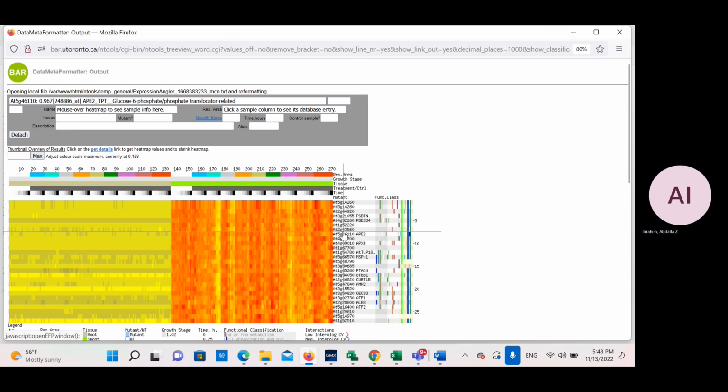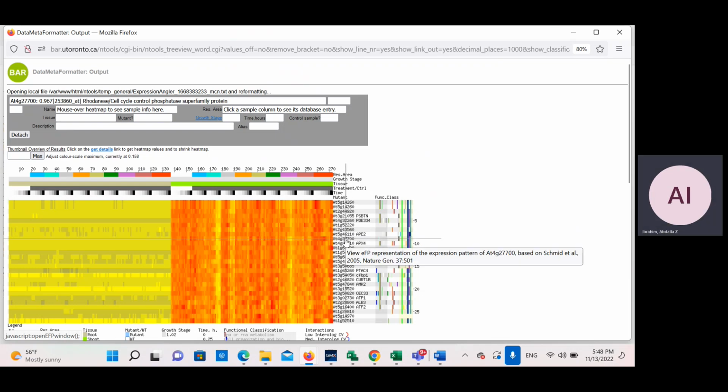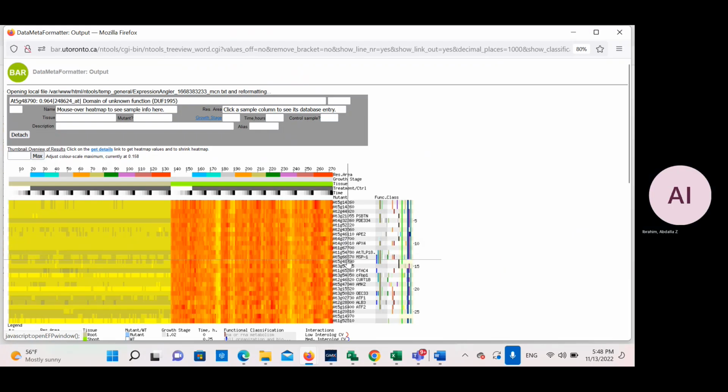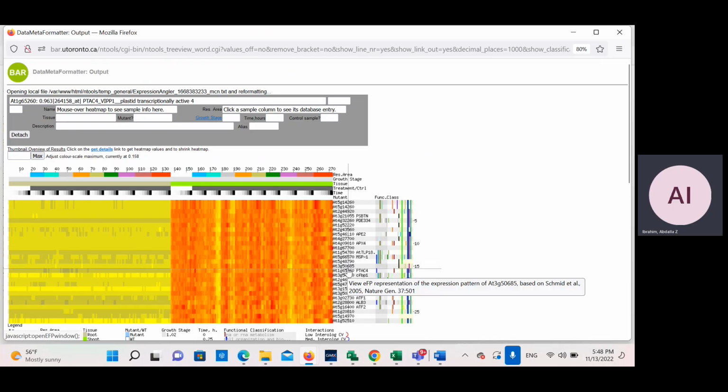Peptide, okay. So this one, superfamily protein, ascorbate peroxidase. Yeah, their names didn't really help, but this one says plastid transcriptionally active. So it seems like we have a few.